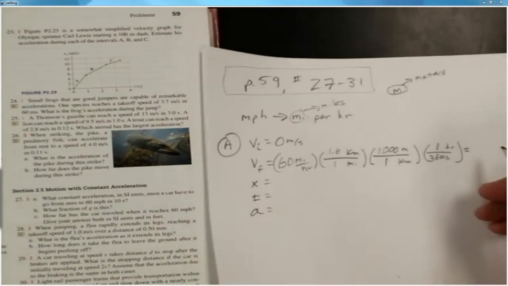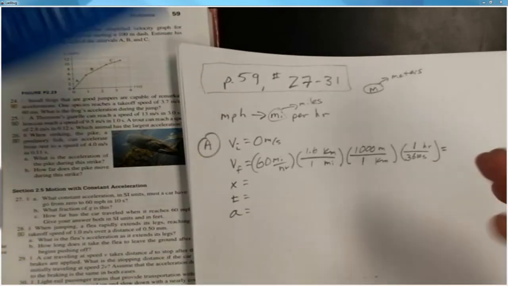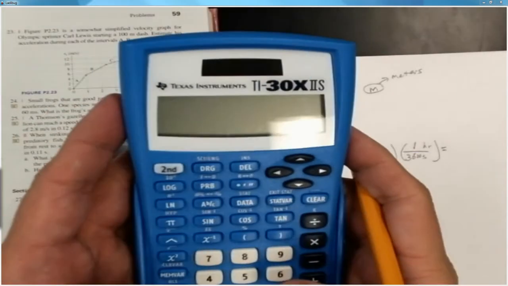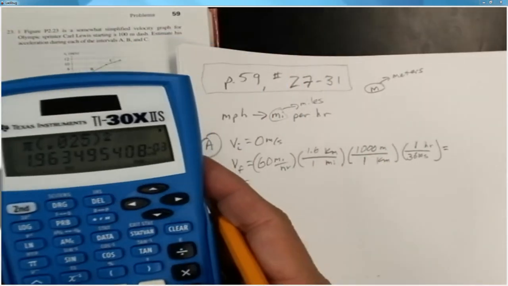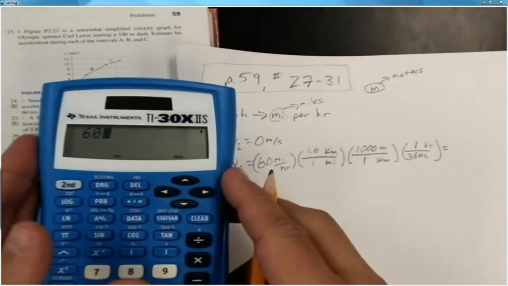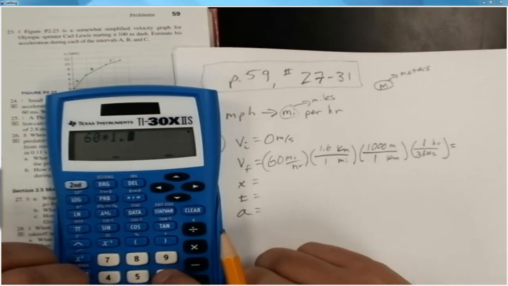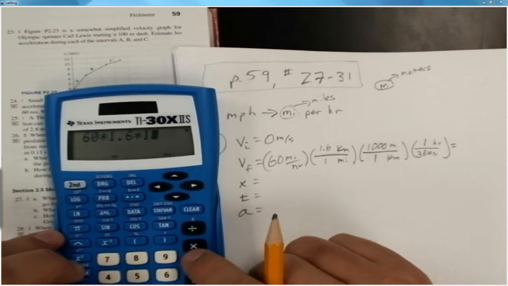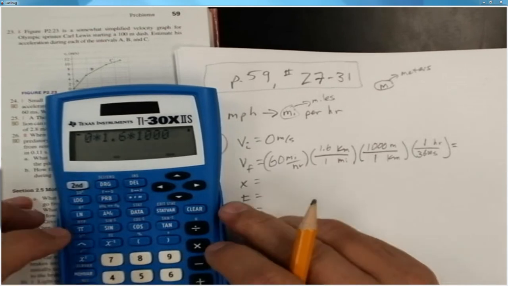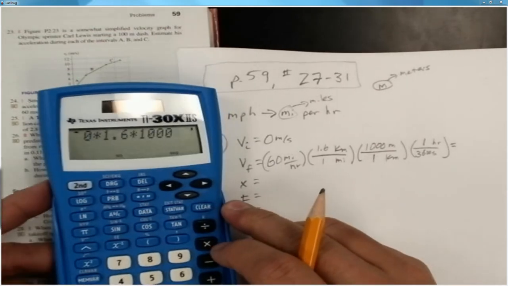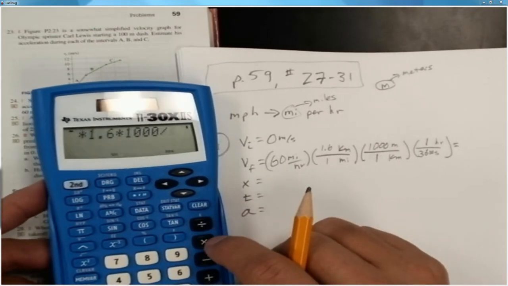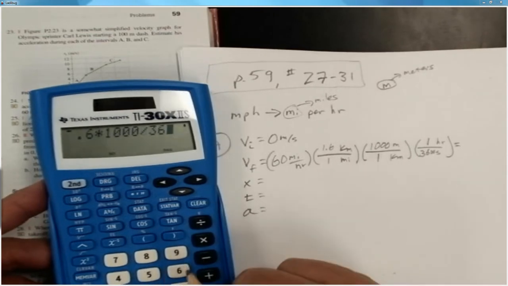So let's bust out our calculators and plug this in. 60 times 1.6 times 1,000 divided by 3,600.